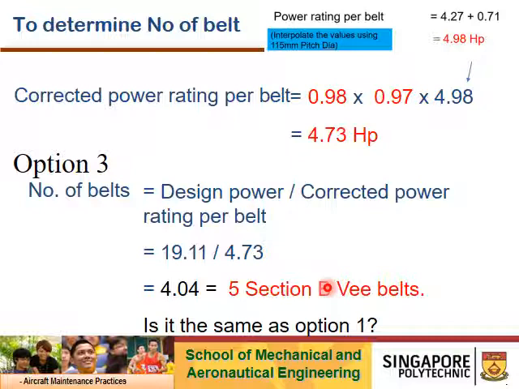So most of the time we recommend 5 belts, and this is also to consider possible error in your calculation. That's why we recommend you use 115 pitch diameter data instead of 125, because it offers you more belt options.